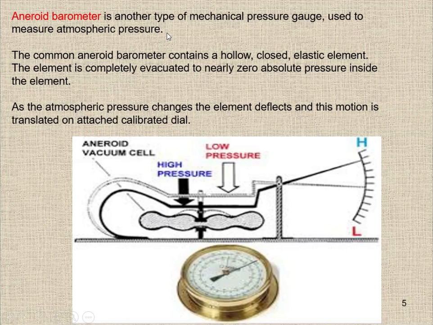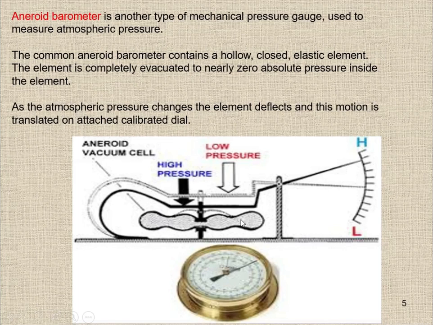The common aneroid barometer contains a hollow closed elastic element. That element is completely evacuated to nearly zero absolute pressure inside. You can see this is the elastic element, and from inside it is completely hollow, evacuated, with almost zero absolute pressure inside.